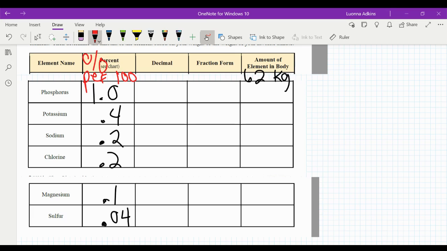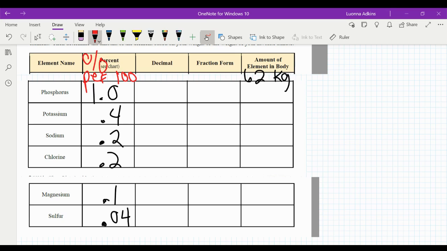All the numbers in that column are percentages taken from the graph we just viewed. You have phosphorus at 1.0%, potassium at 0.4%, sodium at 0.2%, chlorine at 0.2% as well, magnesium 0.1%, and sulfur 0.04%.